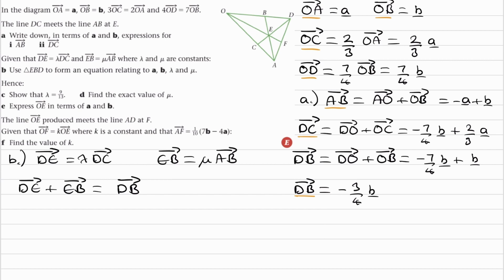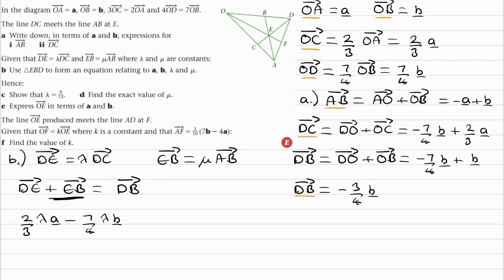Now we can put everything in. So DE is lambda DC. DC we have from earlier. So that will be lambda times, I'm actually going to insert the lambda straight into this. So we end up with 2/3 lambda a minus 7/4 lambda b. So that is DE, timesing this by lambda.